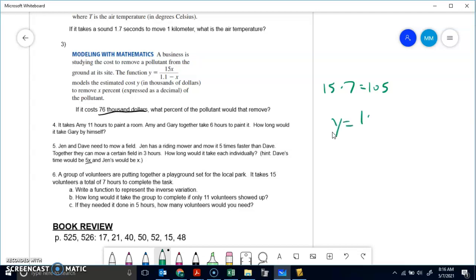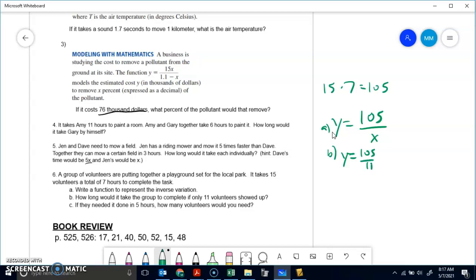So I would have y equals 105 divided by x, 105 is k, alright? So that's how long it takes to put this together, 105 people hours. That's the function.